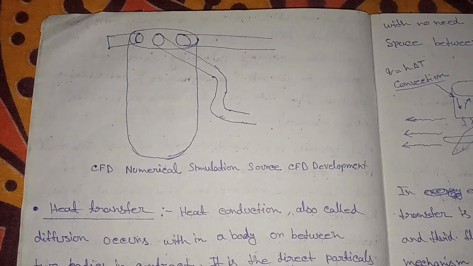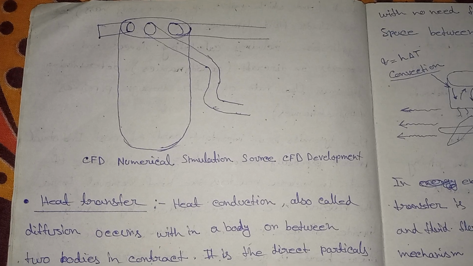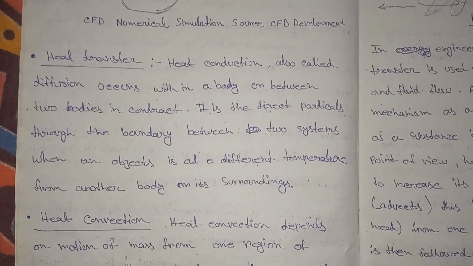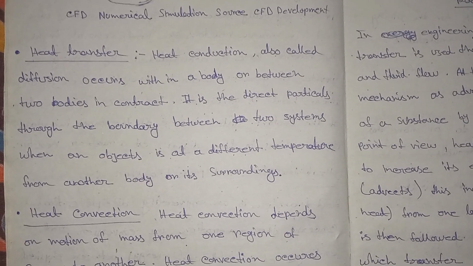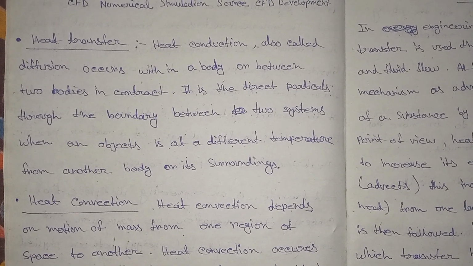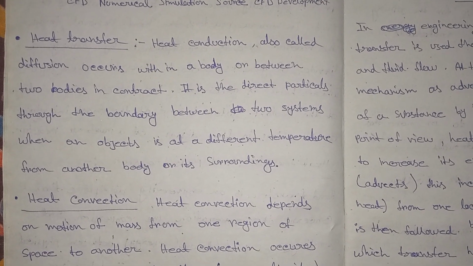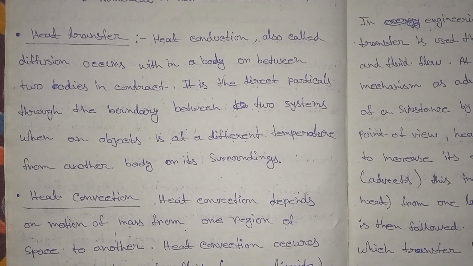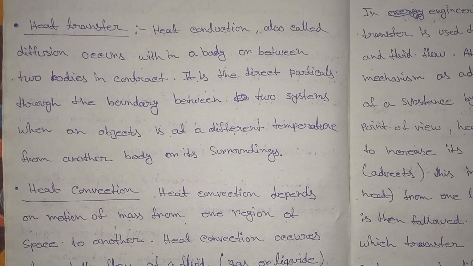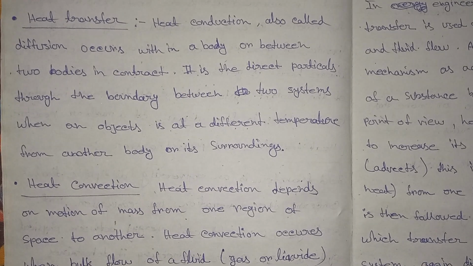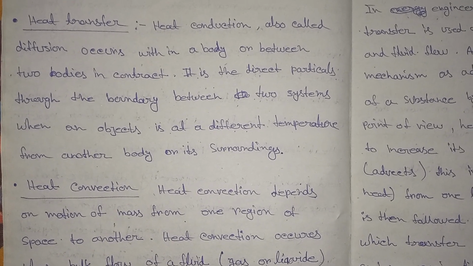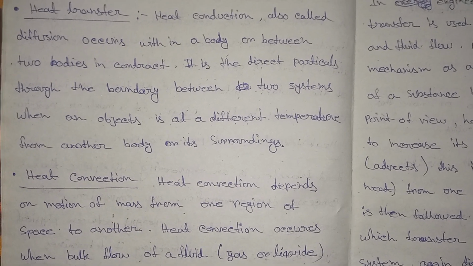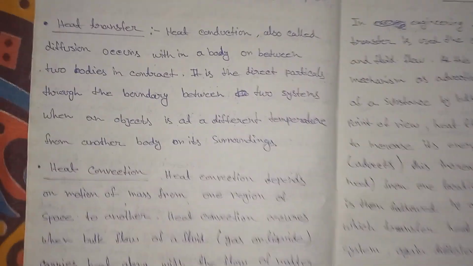conduction, convection and radiation. Heat conduction, also called diffusion, occurs within a body or between two bodies in contact. It is the direct transfer of energy between particles through the boundary between two systems when an object is at a different temperature from another body or its surroundings.